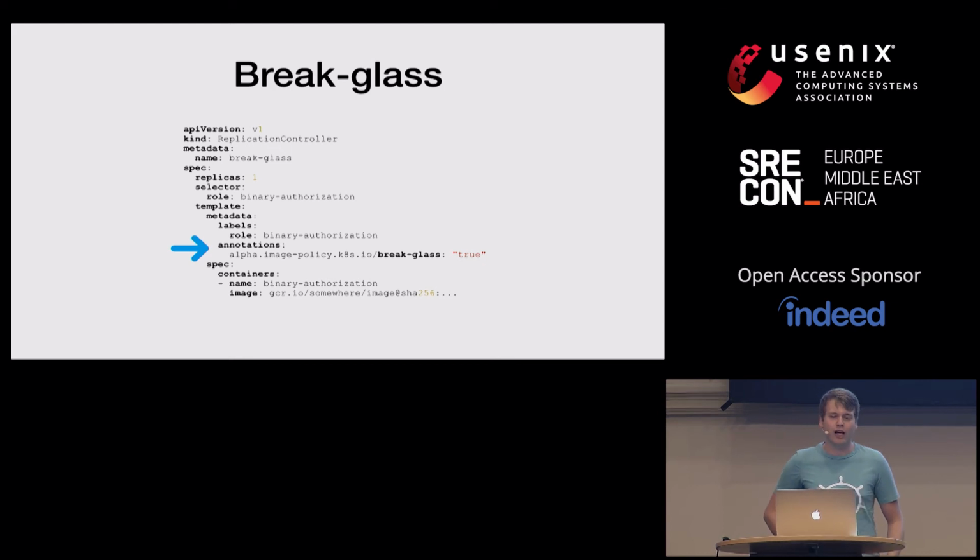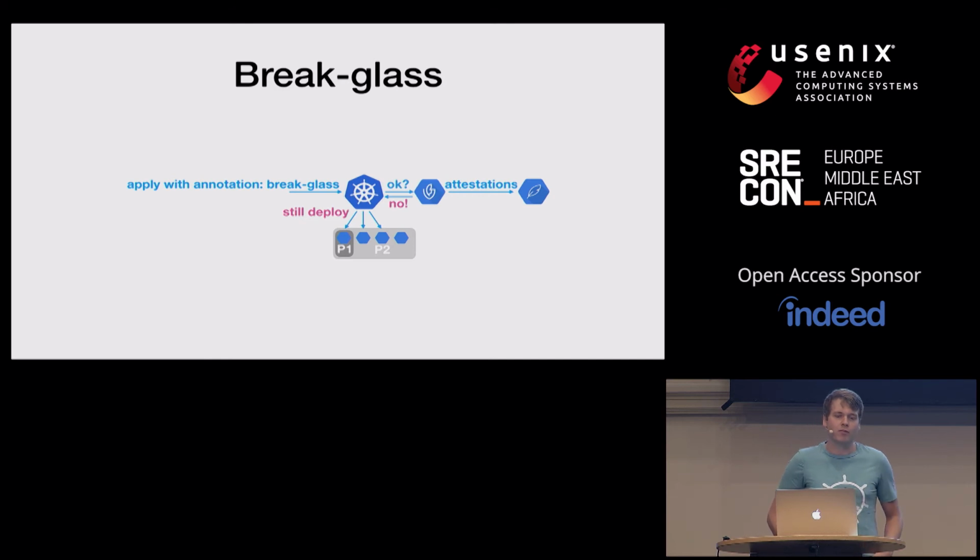What we have to do is put an annotation on our workload manifest. It's called the break glass annotation. And whenever Kubernetes sees the break glass annotation, what will happen is Kritis will say, nope, I don't know this image, but Kubernetes will go ahead and still deploy it into your cluster.